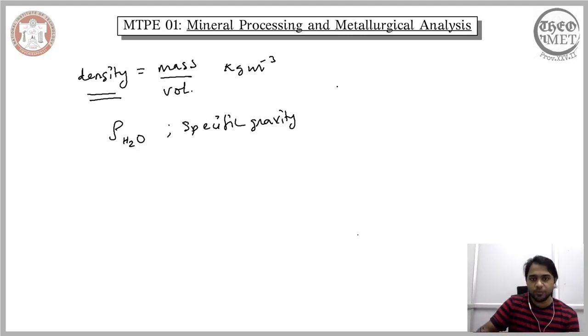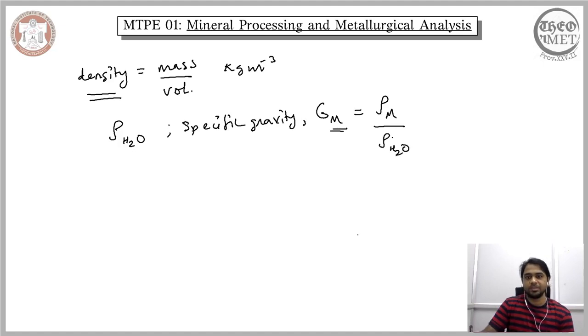So the expression for the specific gravity: supposing we are focusing on a mineral, Gm is the specific gravity of this mineral, where M is the mineral we are focusing on. It is the ratio of the density of the mineral and the density of the water. So this is the description of specific gravity.